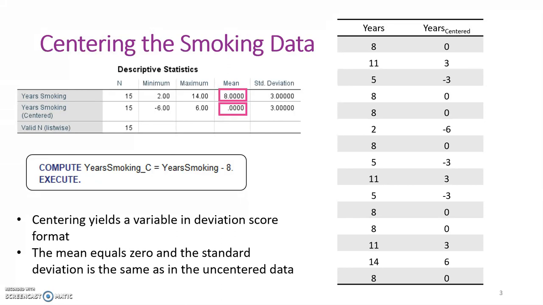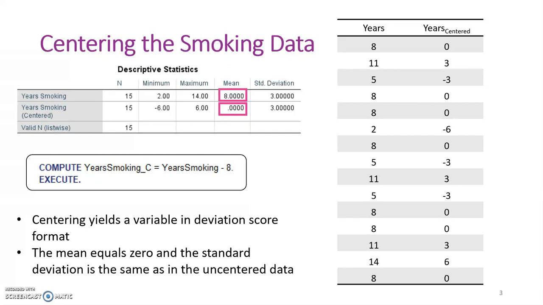predictors. So here I've shown you the actual data, and in the table on the right, we can see the original raw variable of years smoking in the first column, and in the second column is the centered data. So centering is essentially, as I said, subtracting the mean from each score.